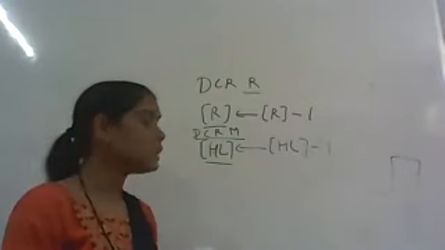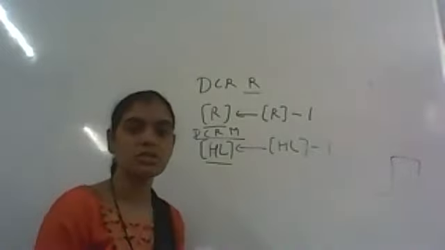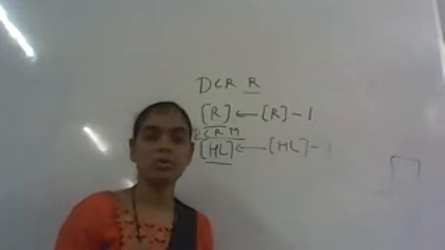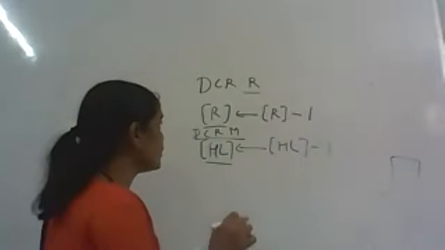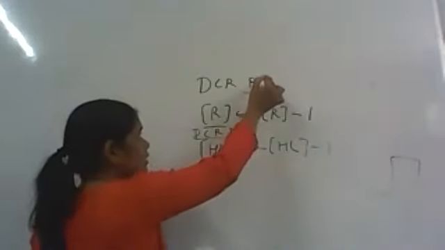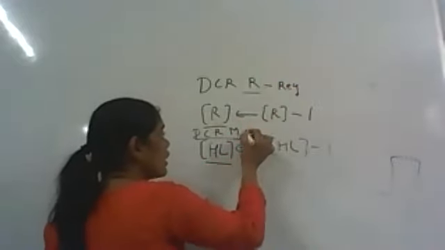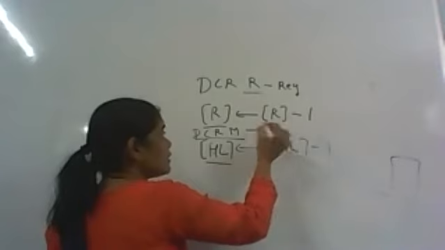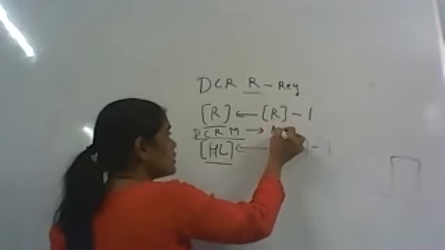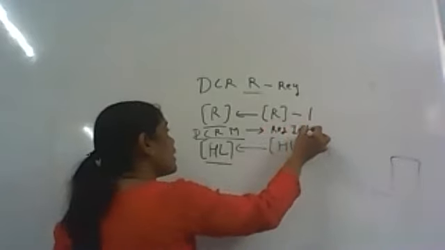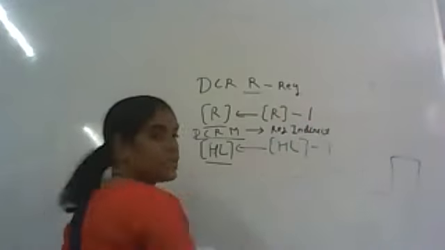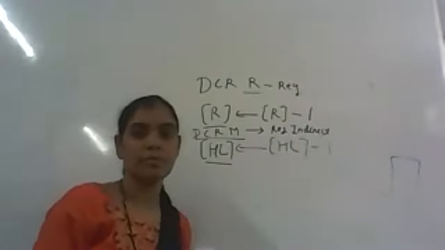This instruction is a 1-byte instruction. When we use DCR R, it is register addressing mode, and for DCR M, register indirect addressing mode is used.